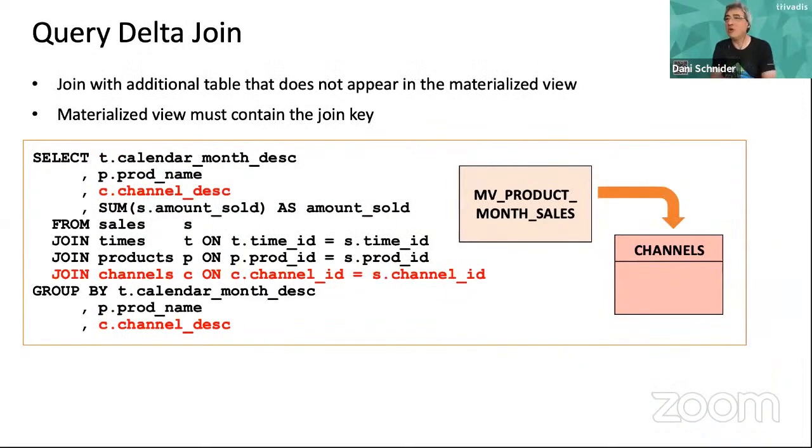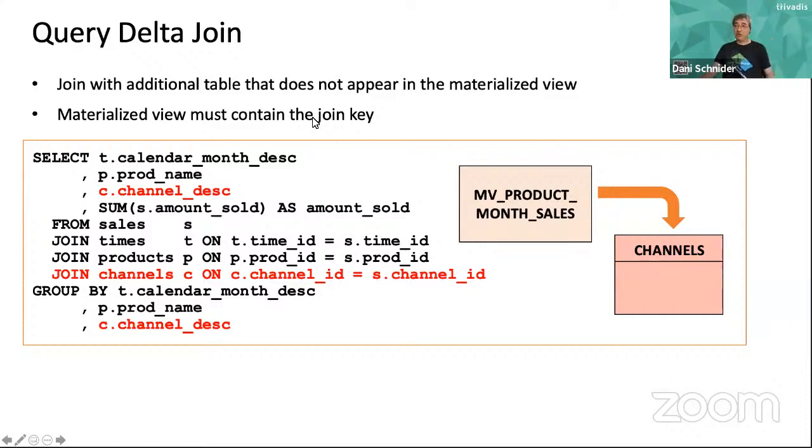And the other form of delta join is the so-called query delta join. That means if I join an additional table which is not part of the materialized view, here channels, then the materialized view can be read and must be joined with the channel dimension here in the same demo schema.